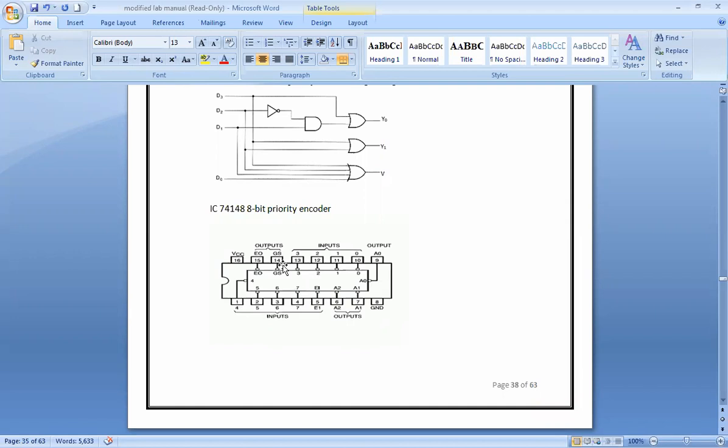Here you have your outputs, which are E0, then GS, then A1, A2, A0. So A0, A1, A2 are all your outputs, and these are your inputs. This is your input enable, and this is your output enable.